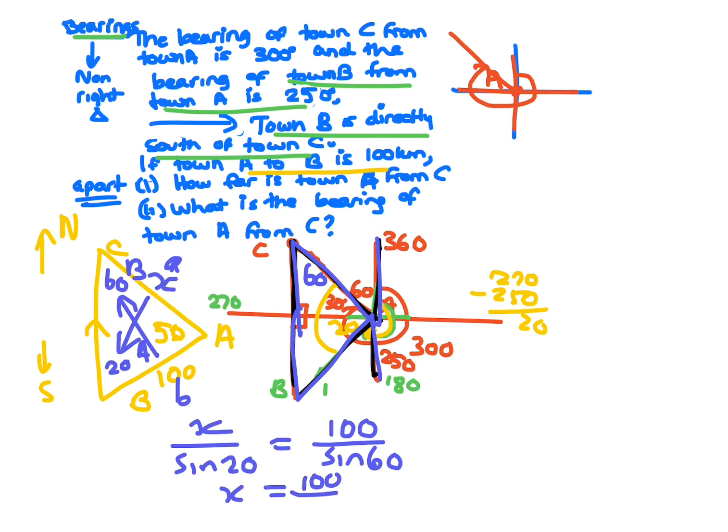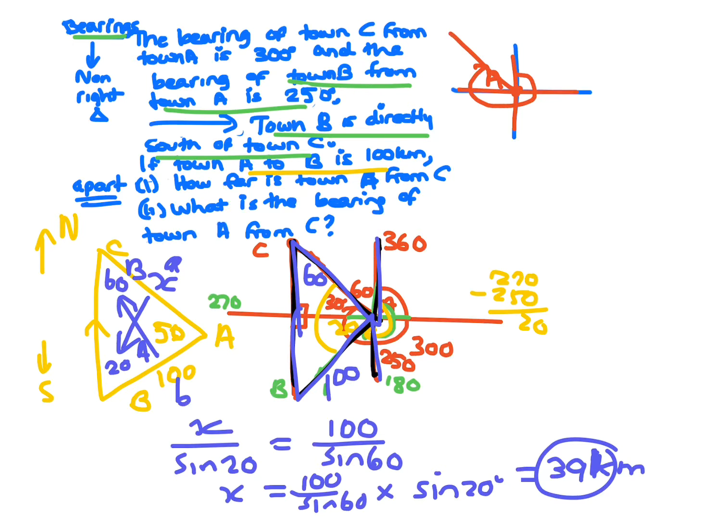So x is 100 divided by sine 60 times sine 20, which equals 39. So that's 39 kilometres.